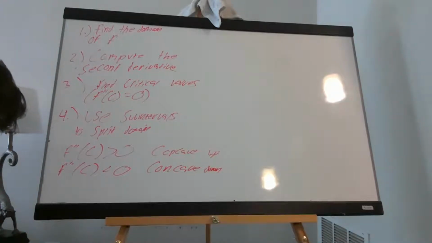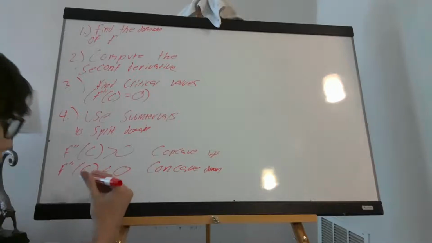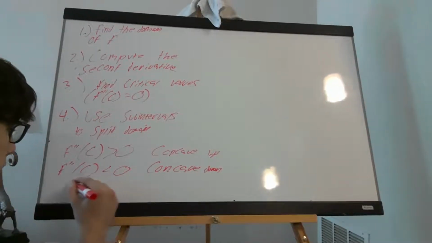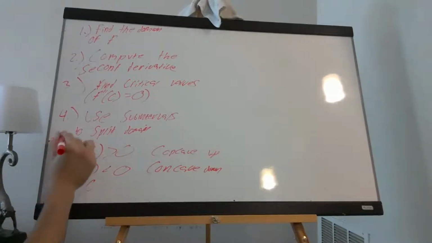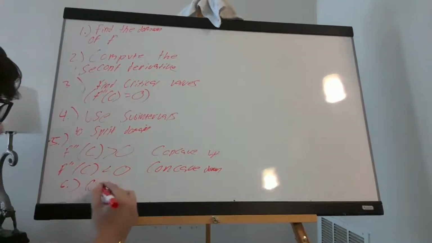All right, identify inflection points. So check if it is an inflection point. This will happen if concavity changes at c, f of c. So check, final step, we'll call this step 6.